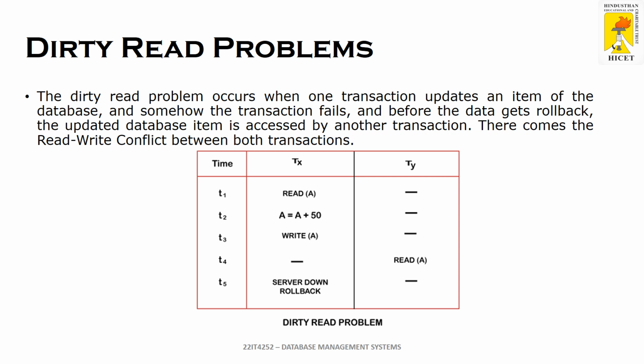After time t3, control moves to Ty, which at time t4 reads the value. Then the server goes down, so we have to roll back. But here we face a problem: transaction Tx failed, but Ty read the value updated by Tx. This is the dirty read problem.